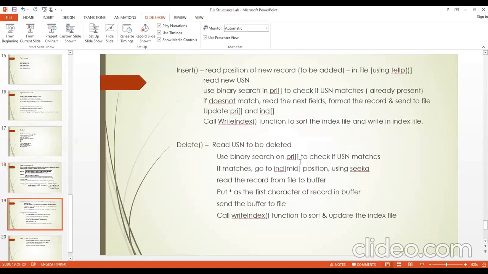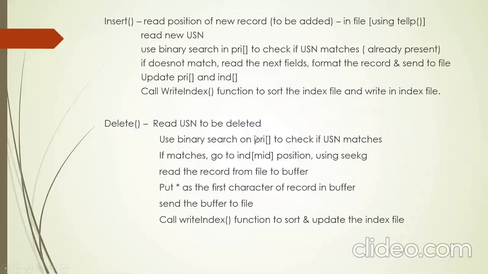So we'll see how the delete function works. The steps: read the USN to be deleted, use binary search on the PRI array to check if the USN matches. If it matches, take the corresponding index position, use seekg and go to that location, read the buffer content, put a star as the first character and send it to the file.